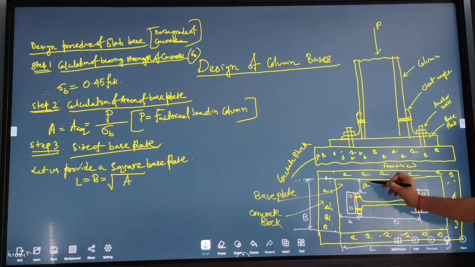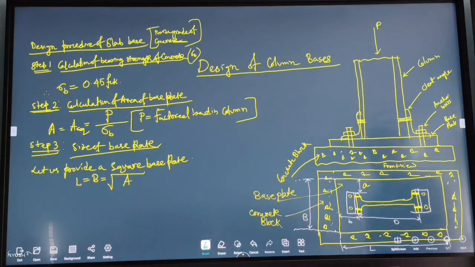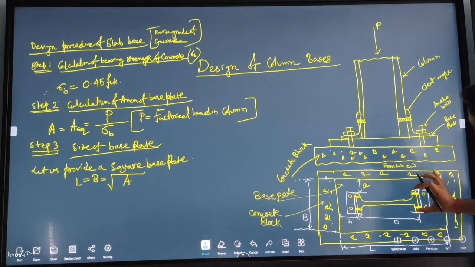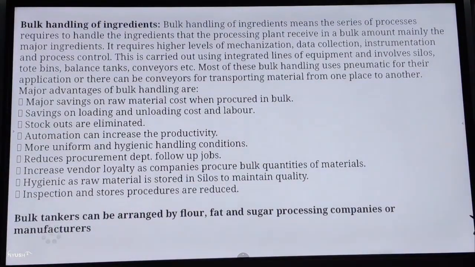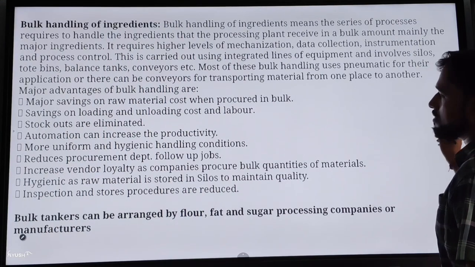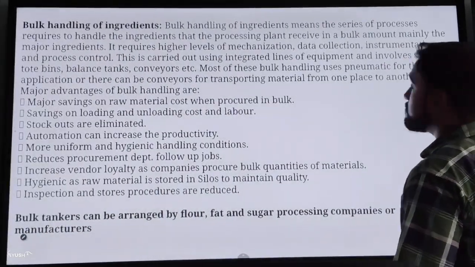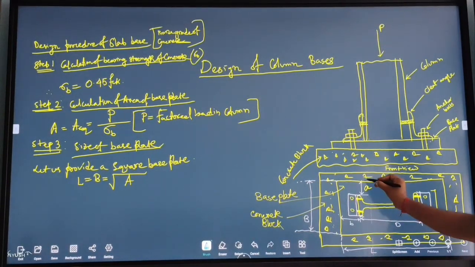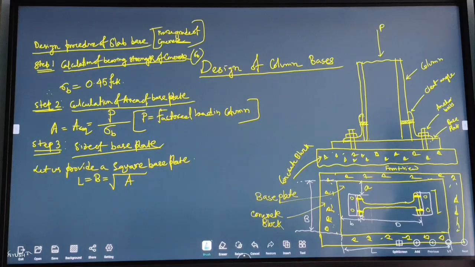This is called larger projection and this is a smaller projection B. So we have to calculate the projection A and B.